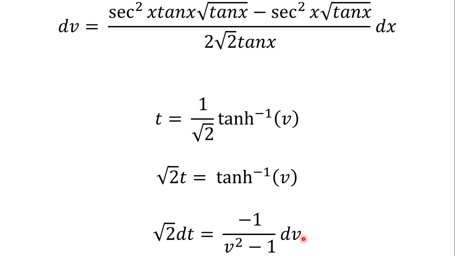Good. Now we have to go back to the x world. What is going to replace this one? We're going back to the x world. So what is going to replace this and what is going to replace this? But we're first going to replace this one before we come to this one. Okay? So remember v was equal to square root of tangent x plus 1 over blah blah blah. Okay? Let me put that one for you.